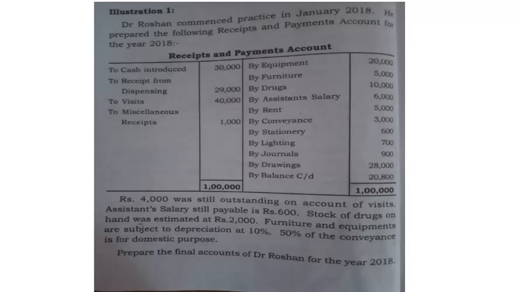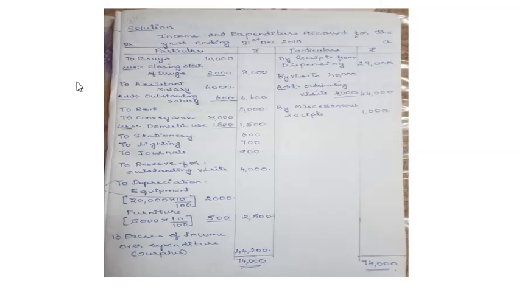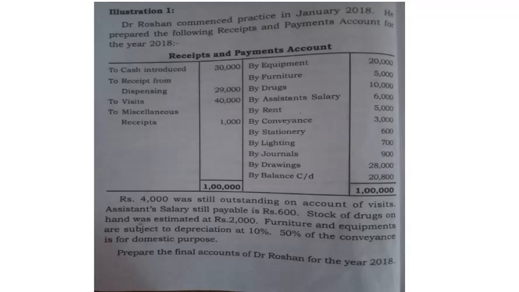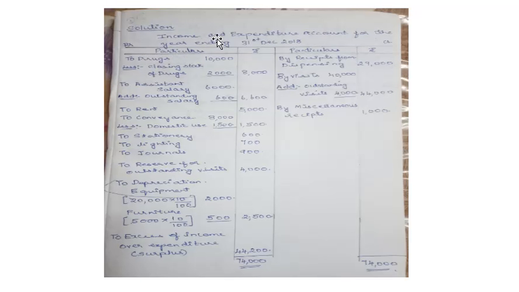While preparing the solution, you have to write here income and expenditure account for the year ending 31st December 2018. See here in the last line it is given, it is the year 2018. Now here in the income and expenditure account, this is the expenditure side and this is the income side.